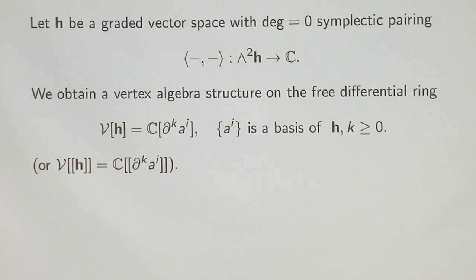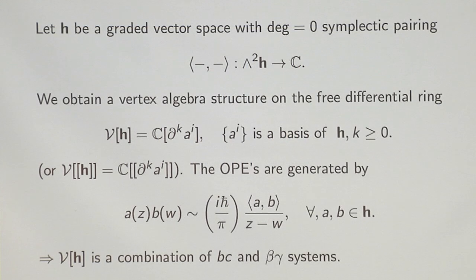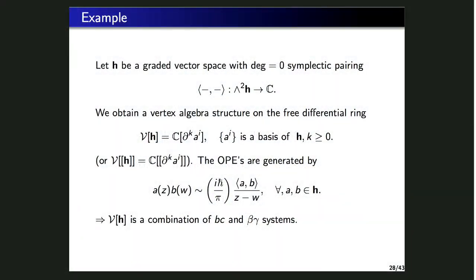And the OPE on this vertex algebra is generated from this basis by the OPEs of any 2 elements of the H. The OPE is computed by this kind of singular term. So the bracket here is given by the symplectic bracket, and you have the order 1 pole. And actually, you can see this example is basically a combination of the so-called bc and beta-gamma systems we started with.